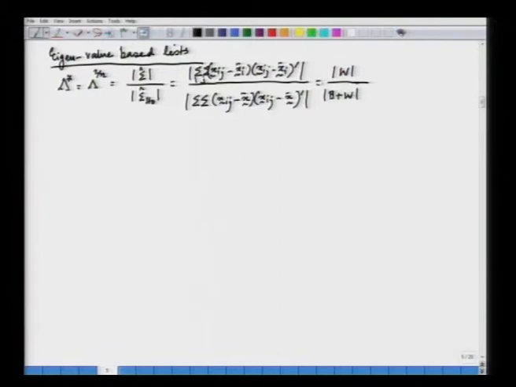So, we have the ratio of determinant of W by determinant of B plus W, and then obviously my W is, let me write it again, the matrix Xij minus Xi bar, Xij minus Xi bar prime, and B plus W is whatever is given there.